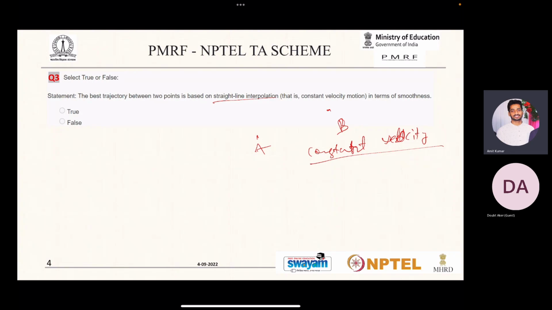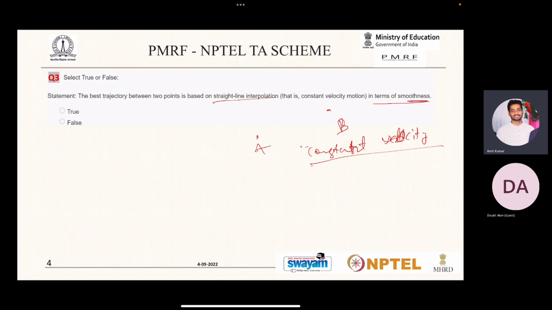So that is fine. We can have a plan or a trajectory to move at constant velocity from A to B. But it is saying that in terms of smoothness, it is the best.